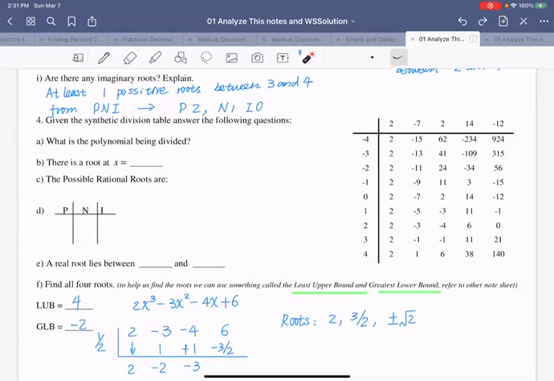Yeah, Olivia already got questions A and B correct. Is there any other student? Yeah, Ted also got A correct. That's right, Ted. Other students?